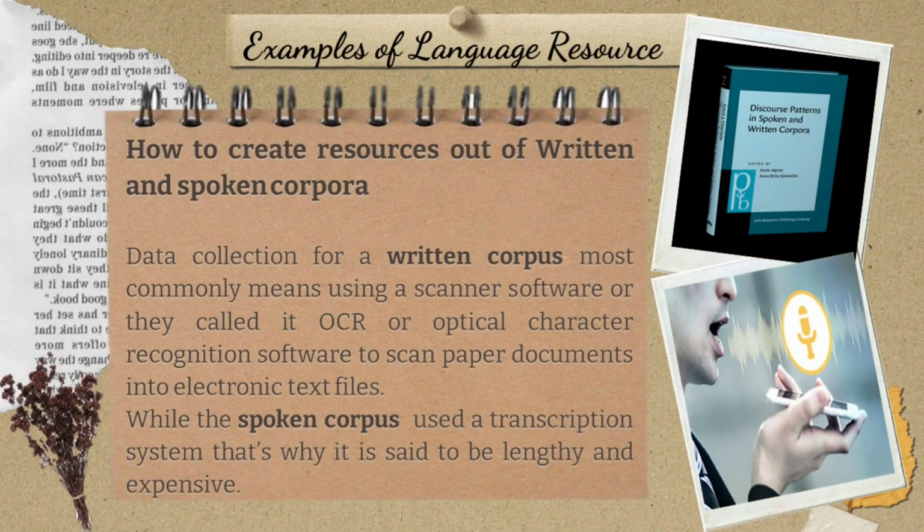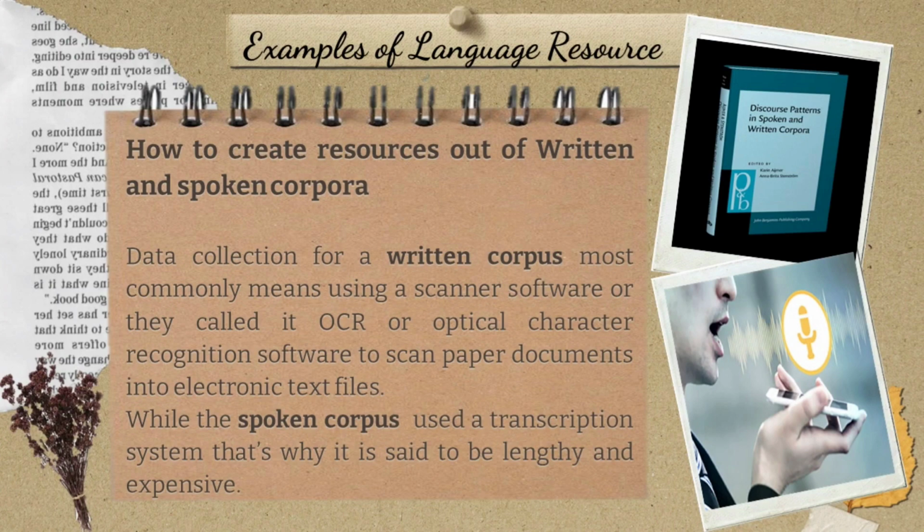So how do we create resources out of these written and spoken corpora? Data collection for a written corpus most commonly means using scanner software, or OCR, optical character recognition software, to scan paper documents into electronic text files.